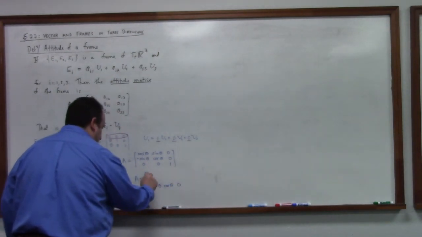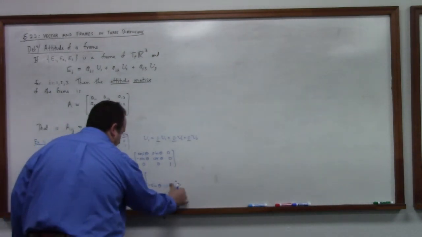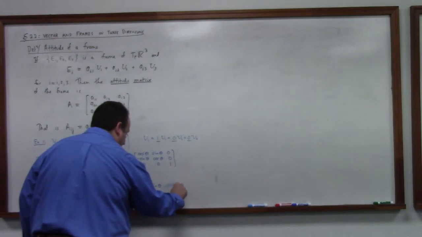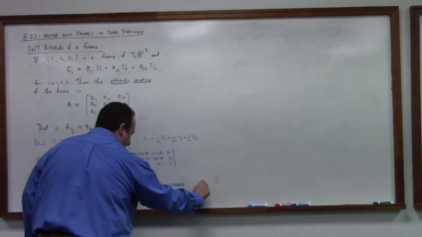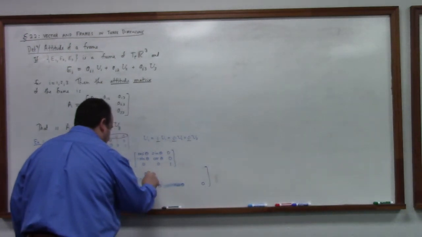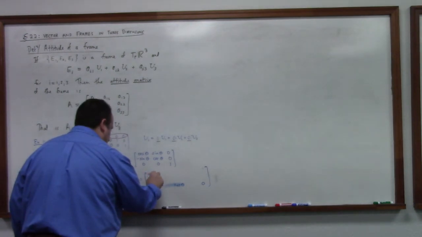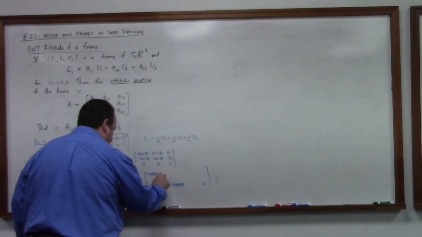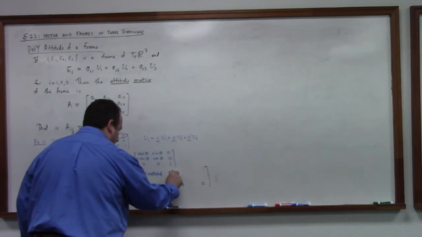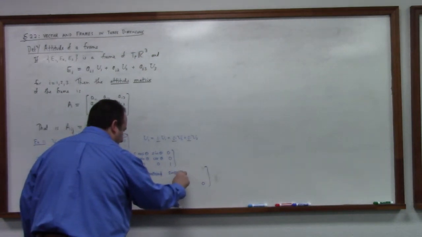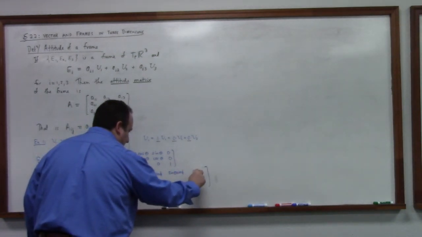The first row is cosine theta sine phi, then sine theta sine phi, then cosine phi over here.